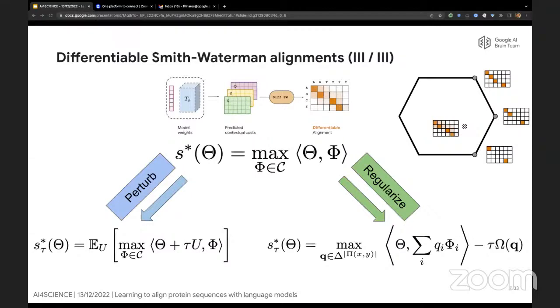And this is very similar if you're familiar with techniques like the Gumbel softmax or the concrete distribution. This is kind of the same, but in the space of alignments, which is a more complicated, very high dimensional space with a lot of structure. And with this, we're going to follow two different techniques to relax the linear program.